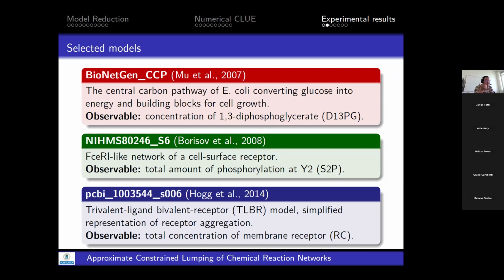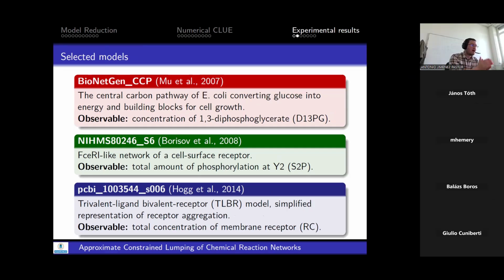And the model they have is a differential system in the sense that they measure how much the concentration of something changes through time, and that depends on how much of all the reactants are in the place. So there are three models. As I say, I'm not claiming I really understand the meaning behind them, but I understand the math in them. I understand the differential system, and we try to reduce them looking into observables that they read in their paper.